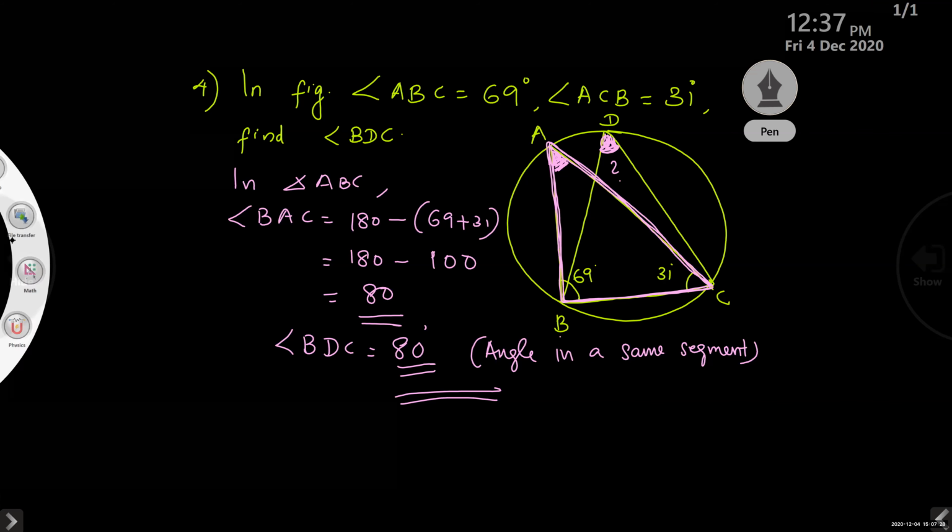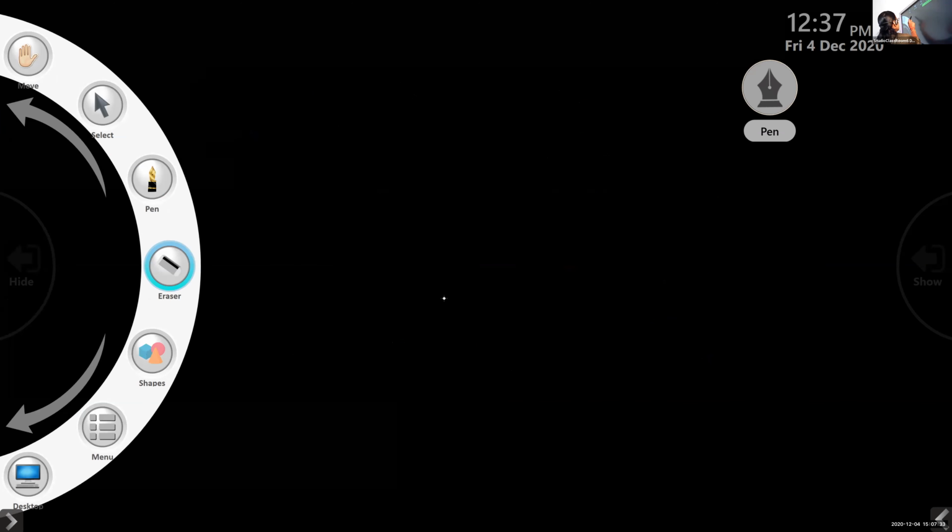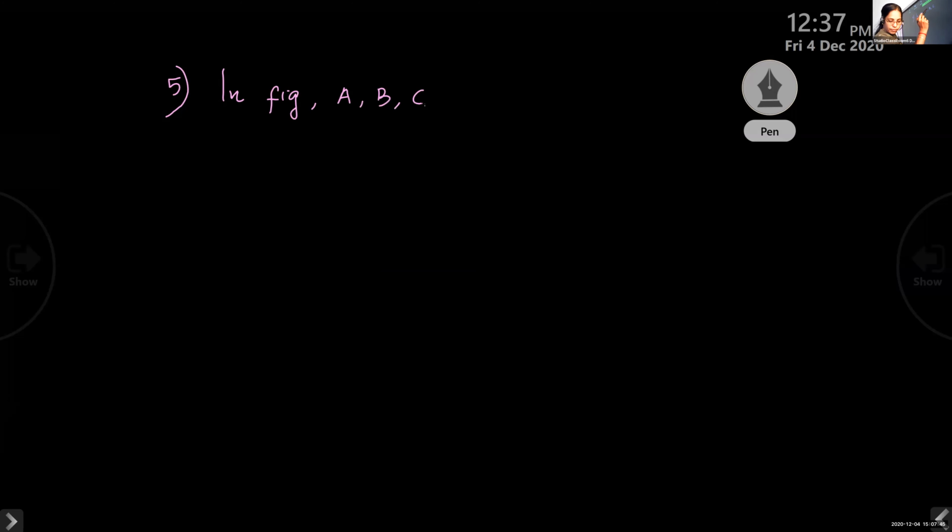Okay. So question number 5. In the figure, A, B, C and D are four points on a circle.